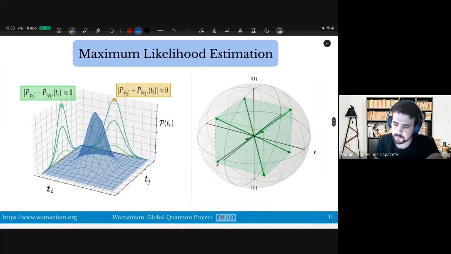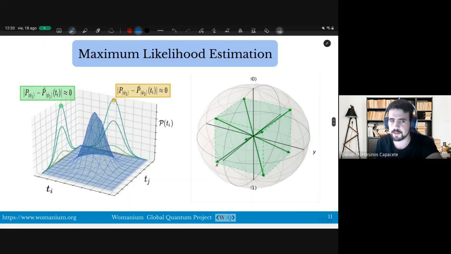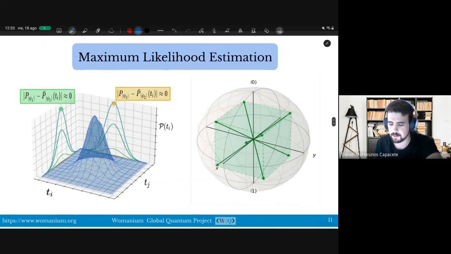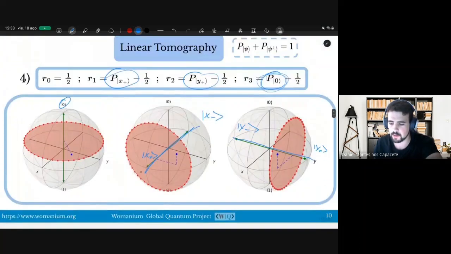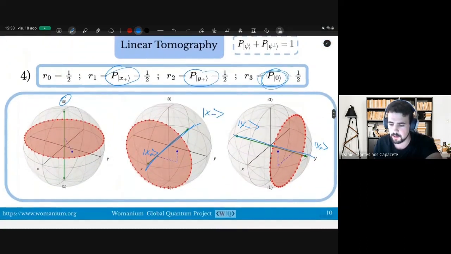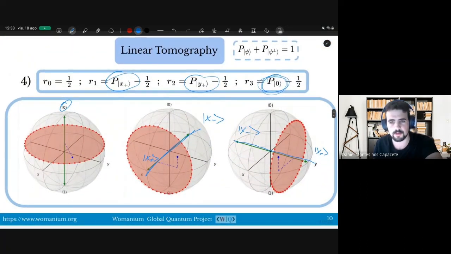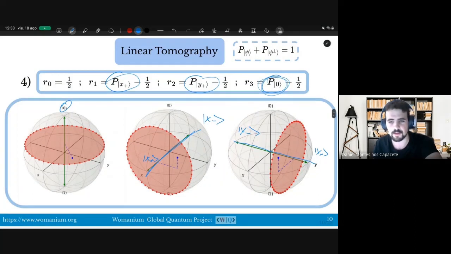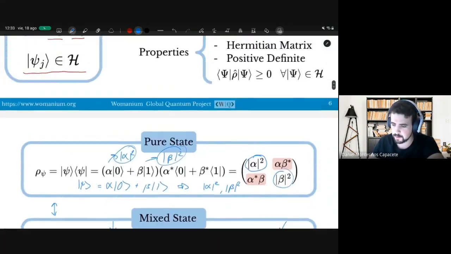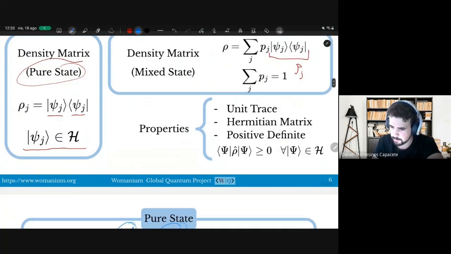Maximum likelihood estimation, I'm not going to explain in so much detail, but this linear tomography method is sometimes problematic, since we can get some density matrices that are not physical, in the sense that they don't satisfy this property here.